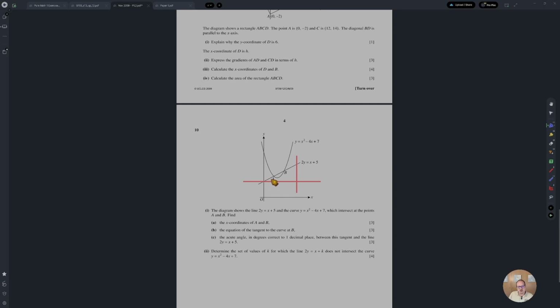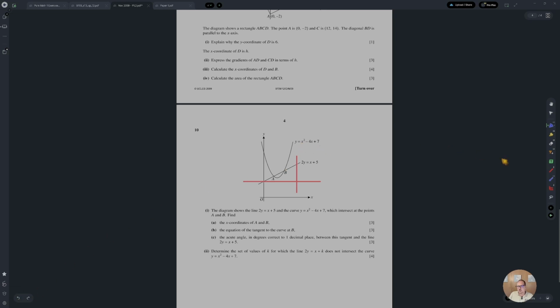So in other words, the gradient of a line is the tangent of the angle that that line makes with the horizontal, or if you prefer, with the x-axis. So if you get the gradient of this line, you automatically are able to calculate the angle that the line makes with the x-axis. And if you do the same with the line that is tangent to the curve, you will also have another angle.